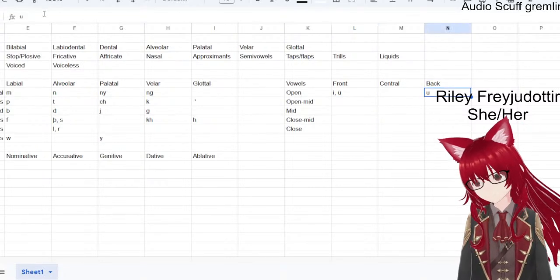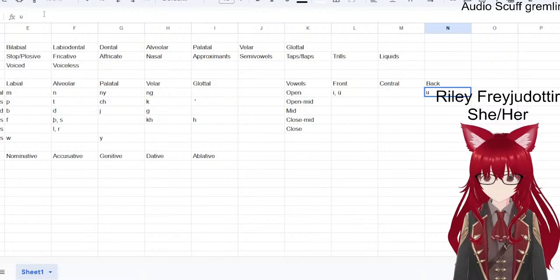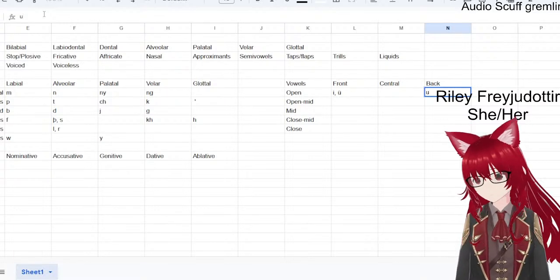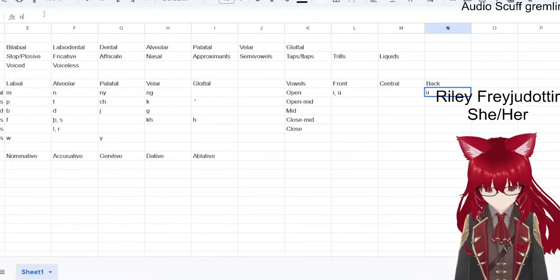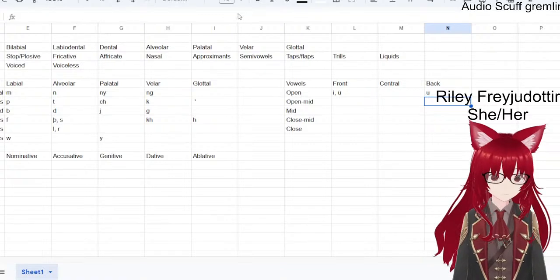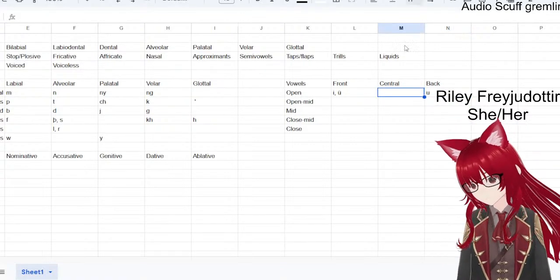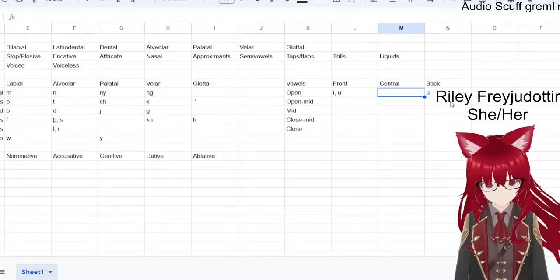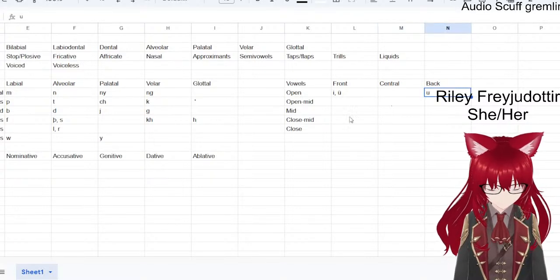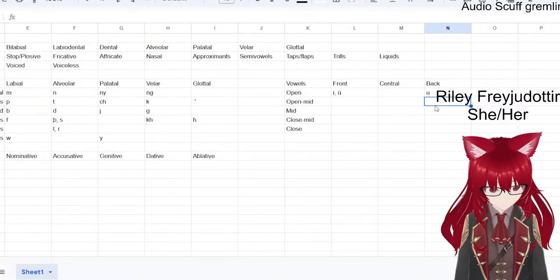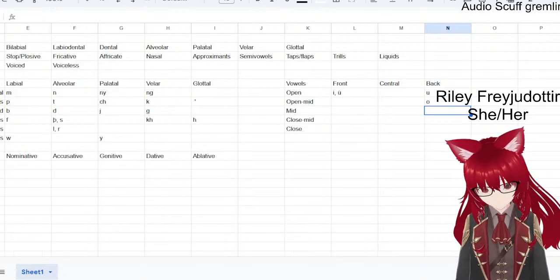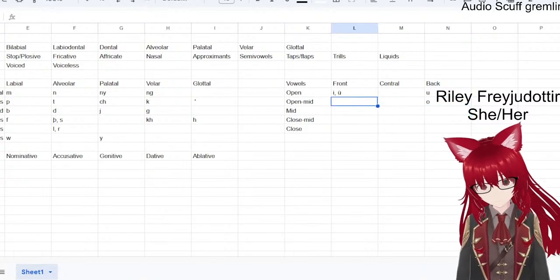The rounded sound you make by rounding your lips, but the Japanese u sound, you don't round your lips. Although I believe contemporary Japanese has gone from being more back to more centralized. Could be wrong on that. Anybody who knows, correct me. Feel free.